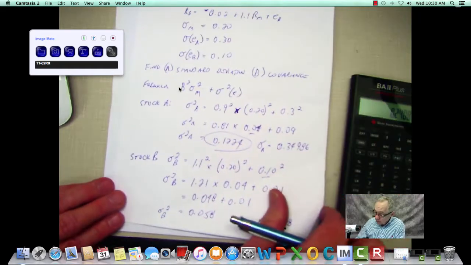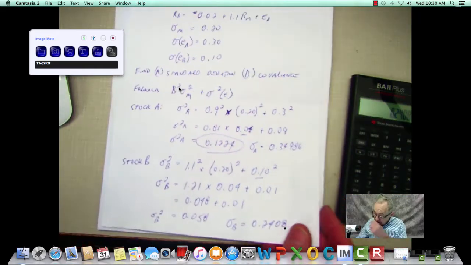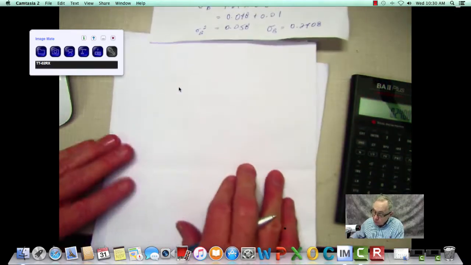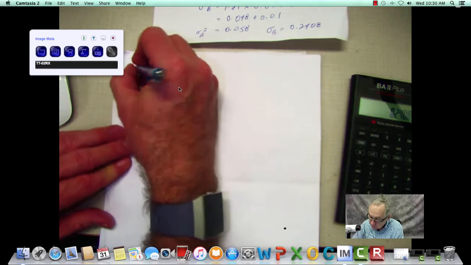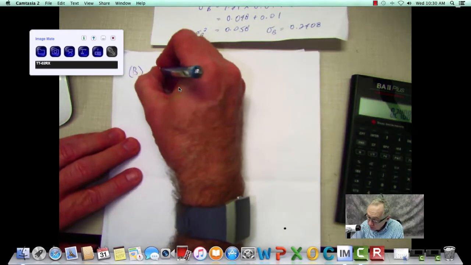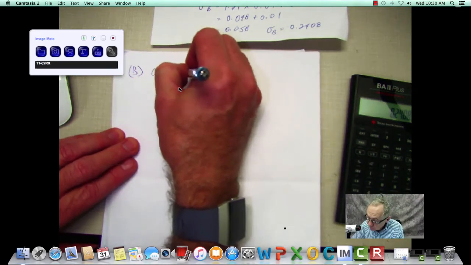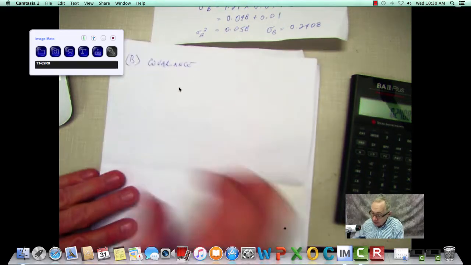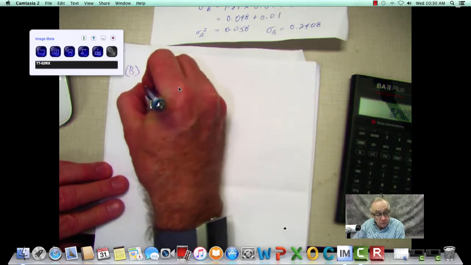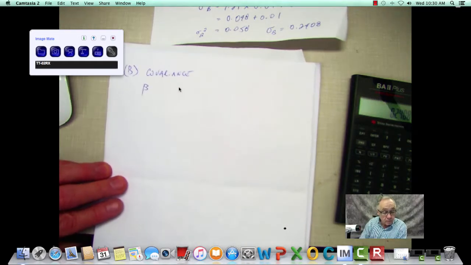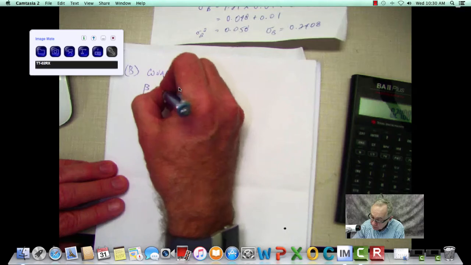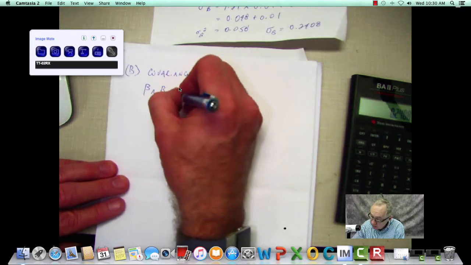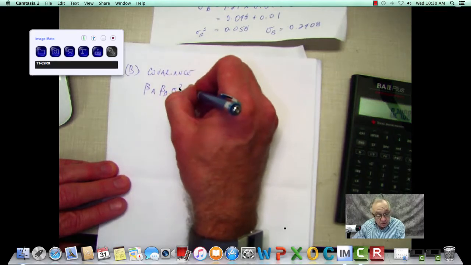Okay, so we know then the standard deviation for each of A and B, and now we work through covariance. So part B of our question, the covariance of our two stocks. Covariance is going to be, from Chapter 8, the beta on A times beta on B times the variance of the market.